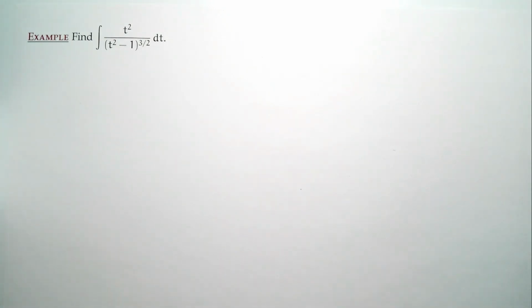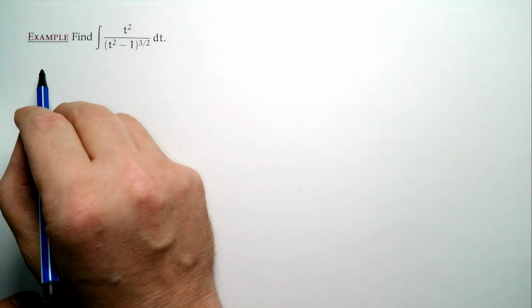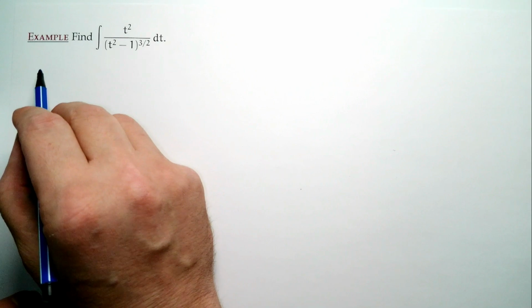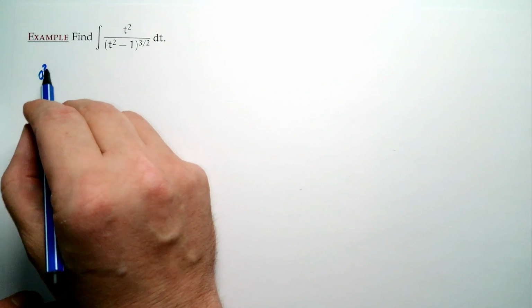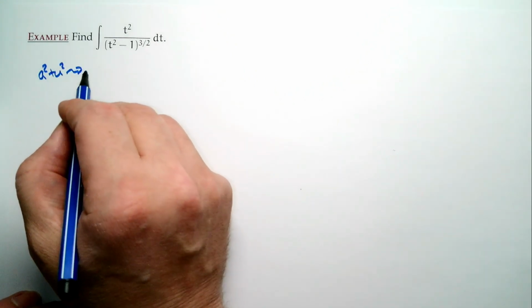So what's our technique? Trig substitution, not a big surprise. What substitution do we make? Secant. Remember our basic rule: if it's a squared plus u squared, that's tangent.